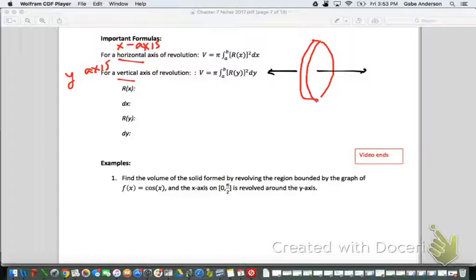So what I would want you guys to think about here is that r of x, we could think of this as the distance from the axis of rotation to the outer edge of the region.